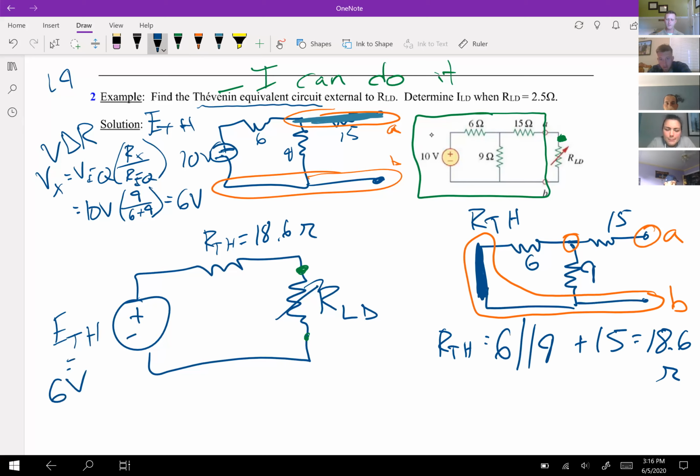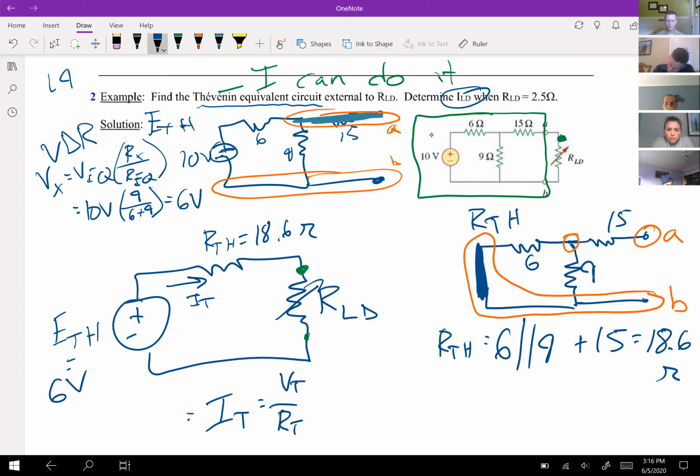The last step, it says determine ILD when our load equals 2.5. So I'm looking at I total in the circuit, right? There's the current I total. So I total in this circuit is V total divided by R total. The reason I'm doing I total is because I don't know the voltage drop across our load.